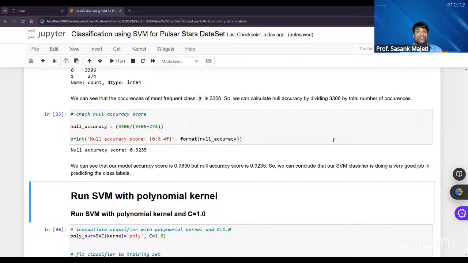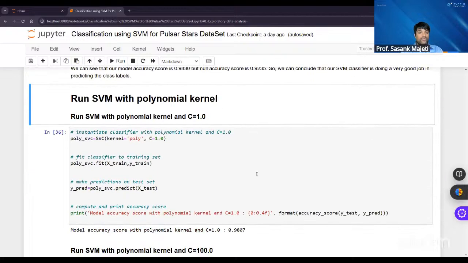That is what we can conclude from the analysis we have done till now. We have implemented the radial basis function, which is the default one, with C value of 1, 100 and 1000. After that, we implemented the linear SVM with C value as 1, 100 and 1000. Now, let us go to the next part, which is the polynomial kernel.